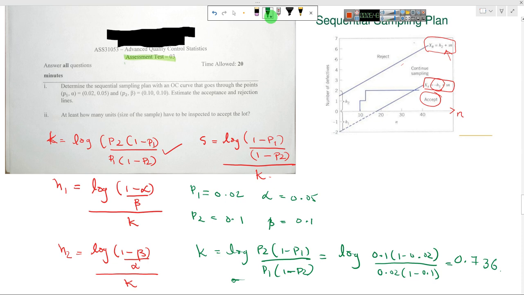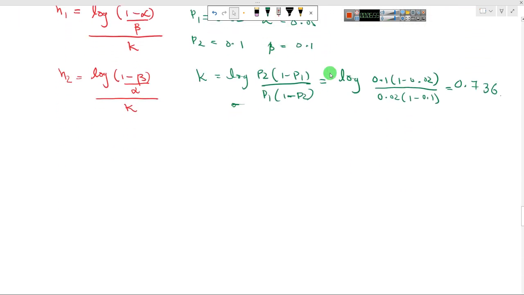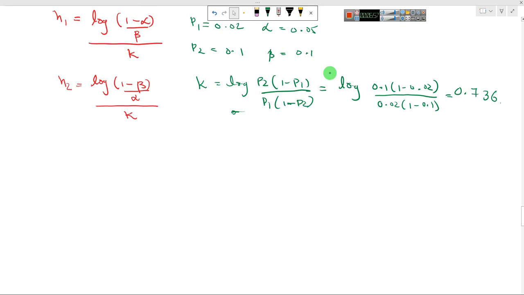Now we can find h1 and h2. h1 is equal to log of (1 minus alpha) divided by beta, divided by k. The value you find here will affect h1, because if k is wrong then this will also be wrong, so you have to be very careful.